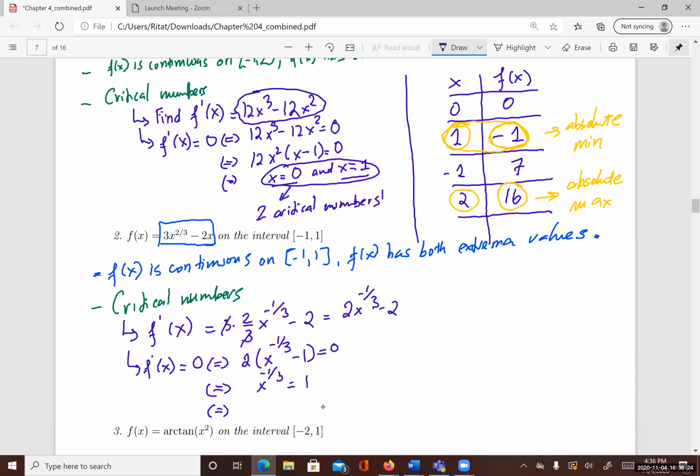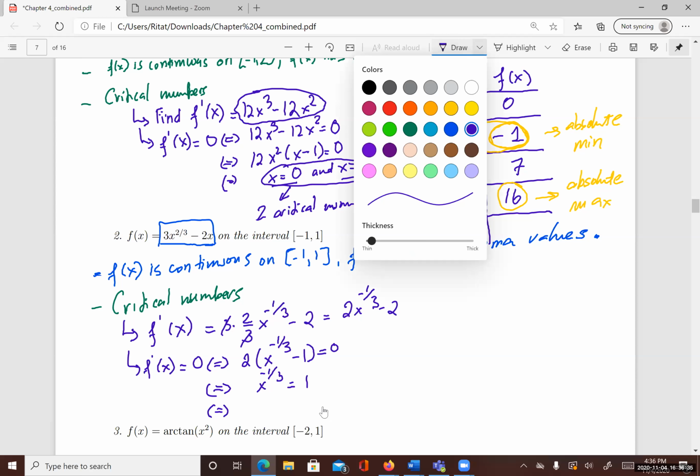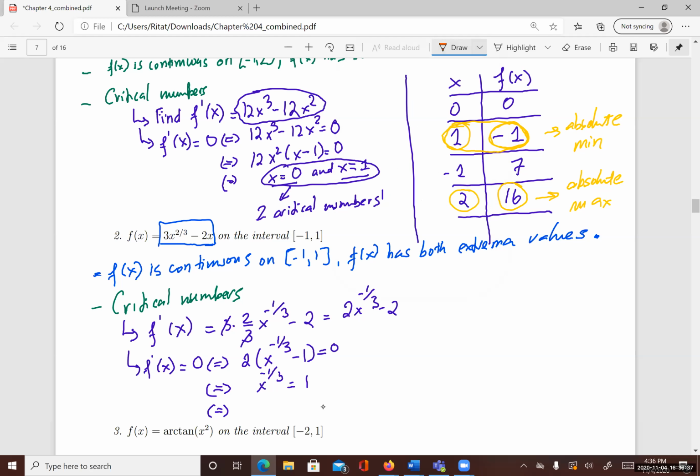If you raise both sides to the -3 to solve for x, 1 raised to -3 is just 1, so x equals 1.